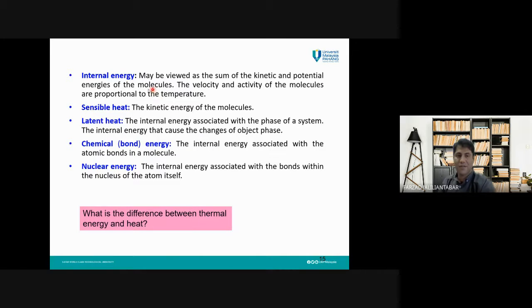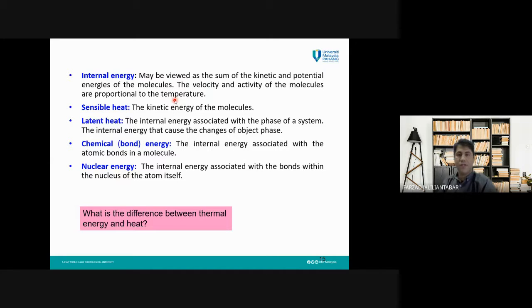As I said, internal energy is microscopic. The velocity and activity of the molecules is proportional to the temperature, so temperature will change the internal energy of the system. Here you can see why we are introducing internal energy: the temperature of the substance or system is the reason for heat transfer.